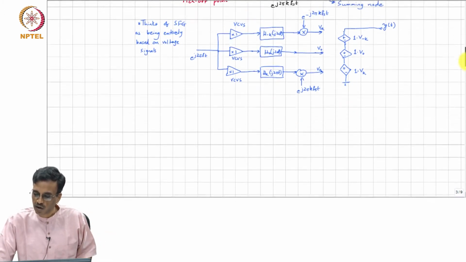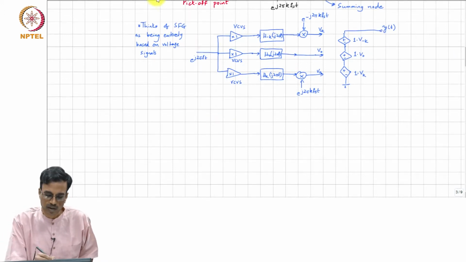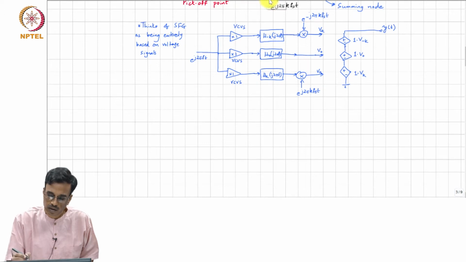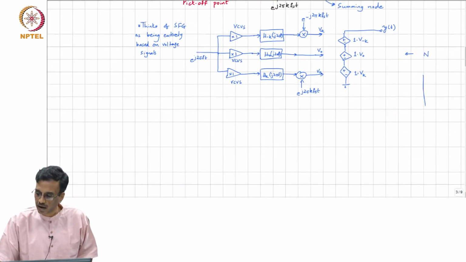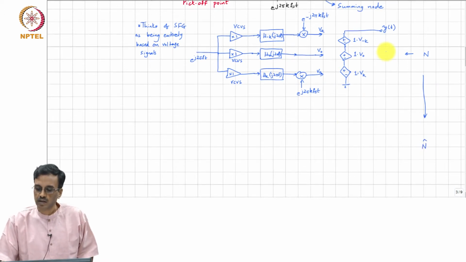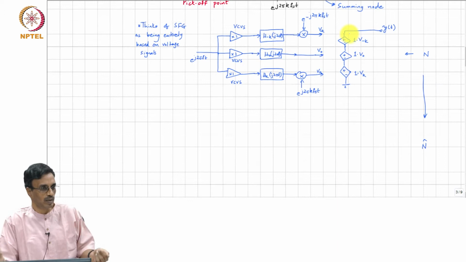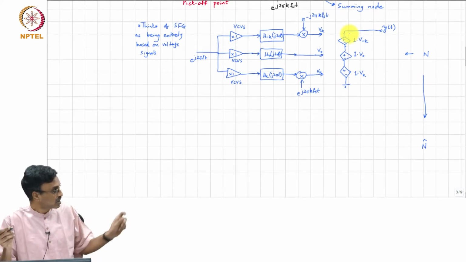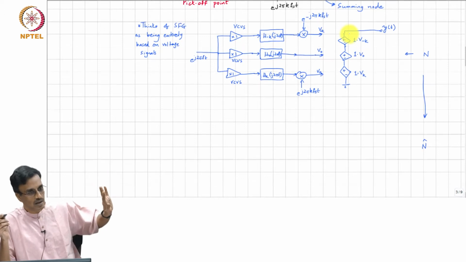What does this become? We start from the right. So, this is our N. What is N hat? Each one of them is a voltage controlled voltage source. Now they become a current controlled current source, except that the controlling and controlled ports have to be flipped.